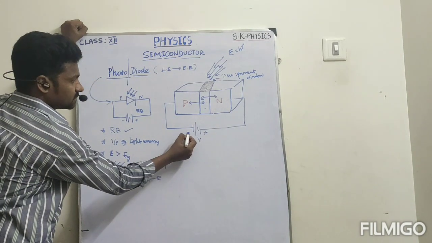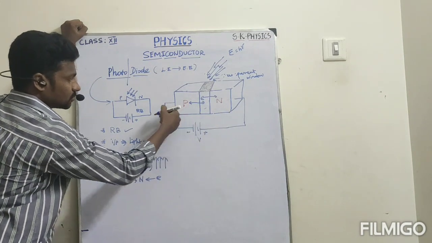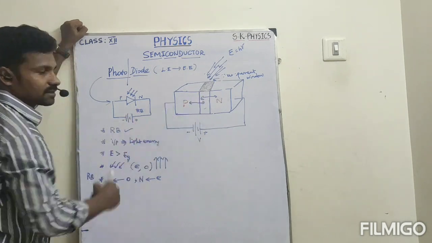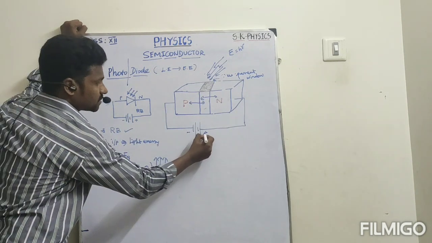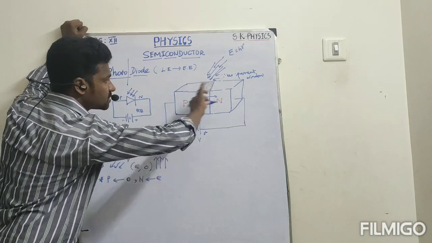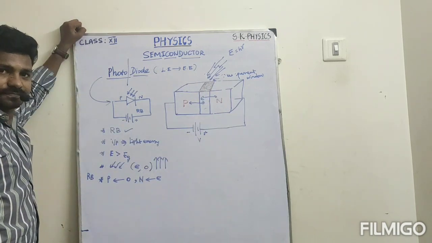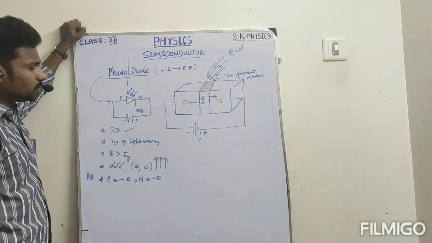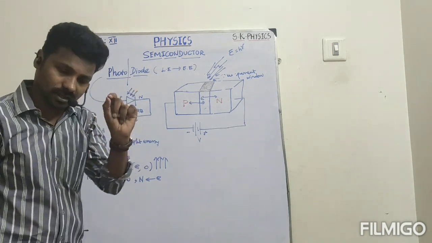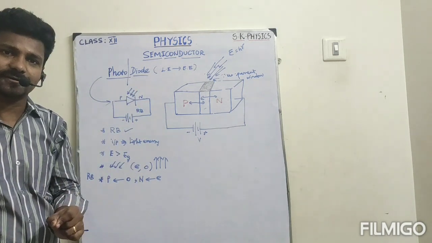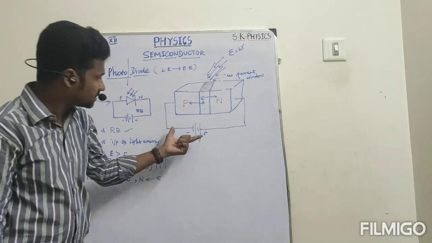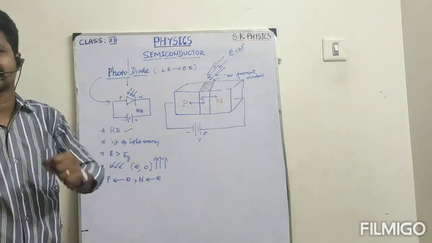Because it is a negative terminal, it attracts the holes, so they move to the P region. Then here the positive terminal will attract the electrons, and they move to the N region. Normally in the PN junction diode, this happens only for the minority charge carriers.